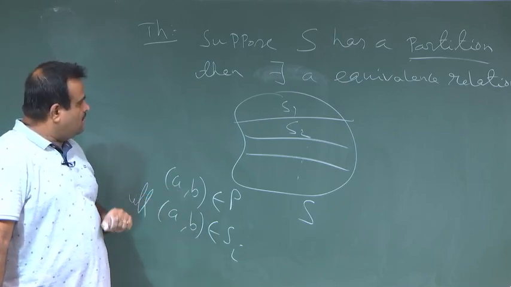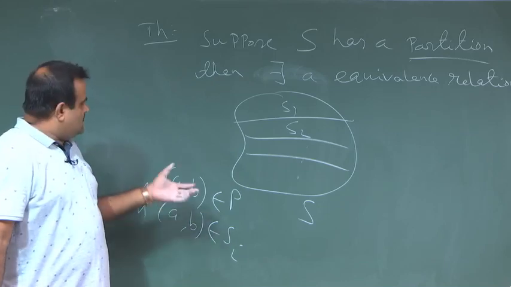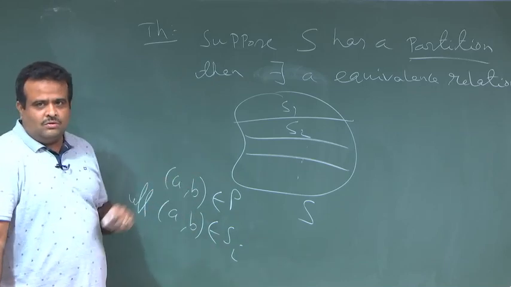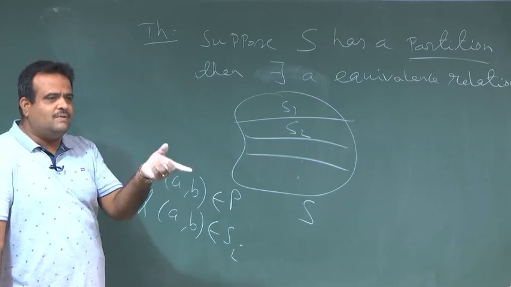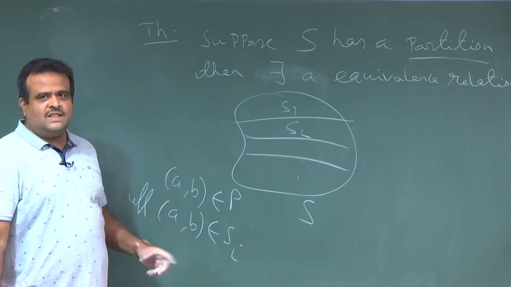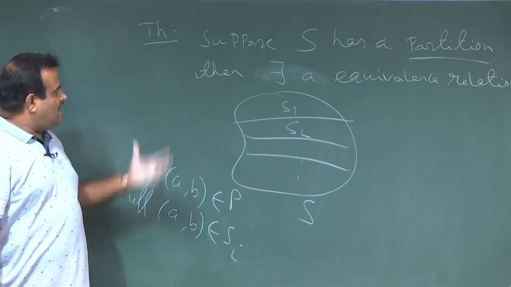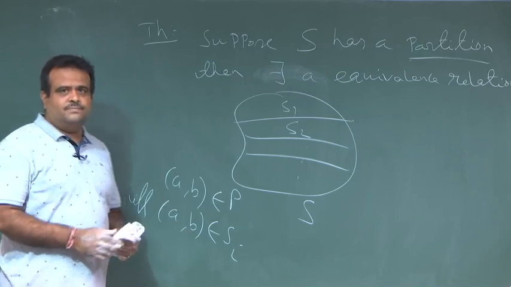Then we can show this is an equivalence relation, because (a, a) belongs to rho. If (a, b) belongs to rho, then (b, a) belongs to rho. If (a, b) belongs to rho and (b, c) belongs to rho, then (a, c) belongs to rho. So, this is the other part of this theorem. Thank you.